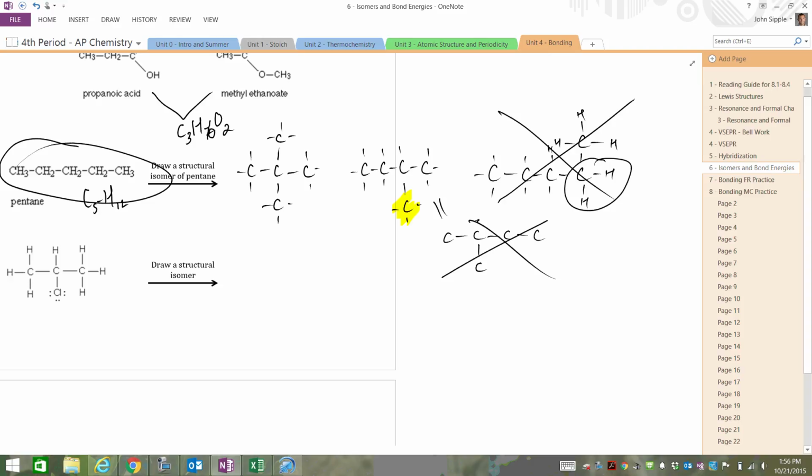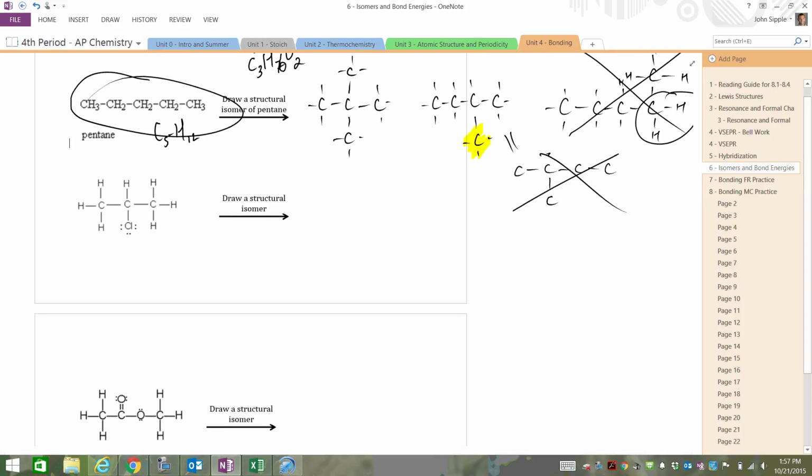If I twisted it, the carbon would move into a different spot, but it's still the same molecule because you can rotate them around however you want. This might illustrate it better when we're just looking at the chlorine here. If I were to draw an isomer of this, I'll move that chlorine. I'm not going to draw in the other hydrogens.